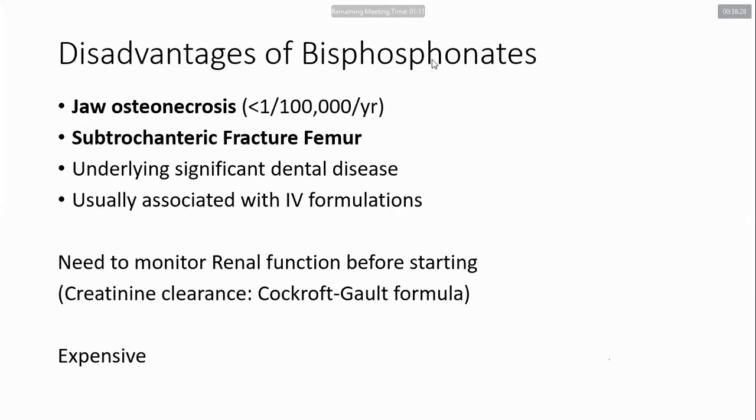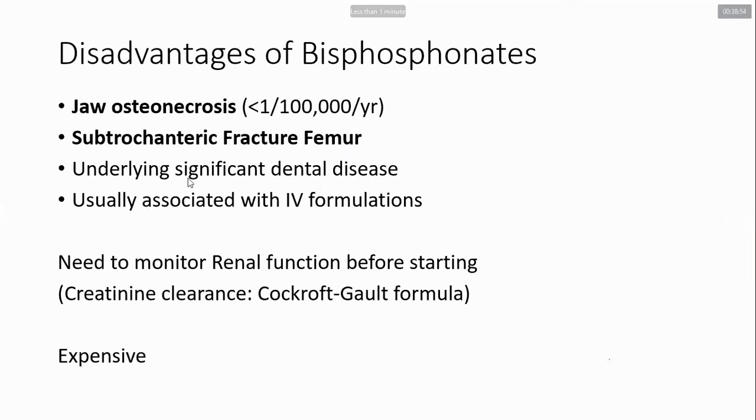But the only disadvantage with bisphosphonates is that you have to remember these two side effects. They can present with osteonecrosis of the jaw, and there are reports that patients present with idiopathic subtrochanteric fracture of the femur. So that is one unique peculiarity or disadvantage of using bisphosphonates.